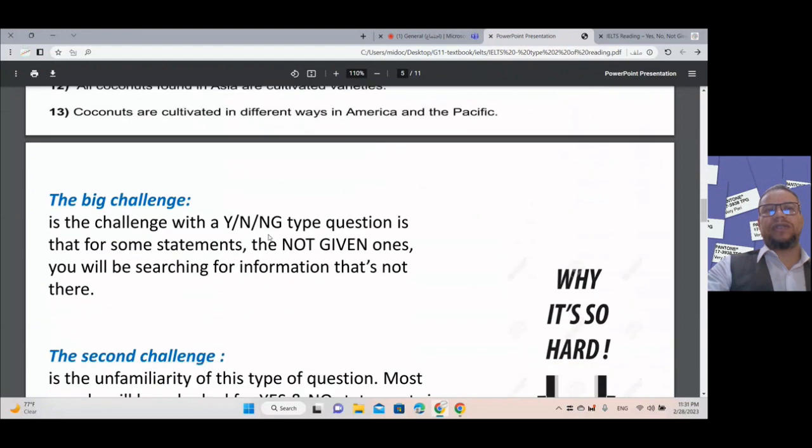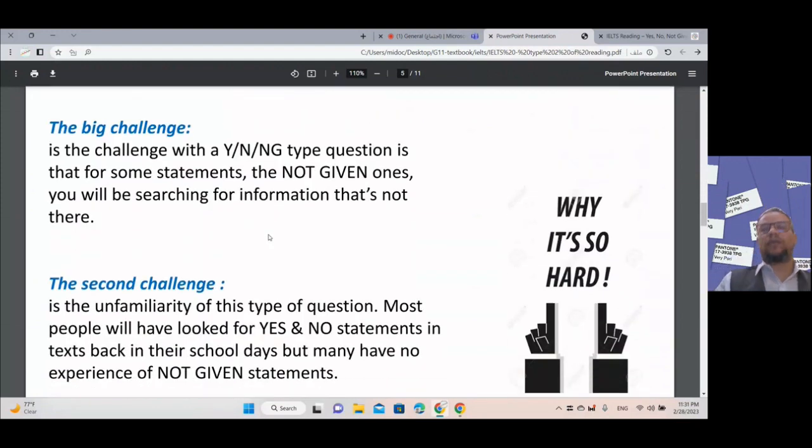So why is this question type so hard, the yes, no, not given and the true, false, not given? It is hard because of two challenges. Challenge one is about the yes, no, not given. For some statements, the not given one is the hardest.